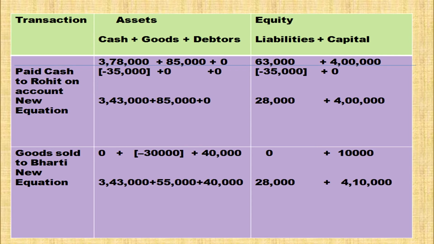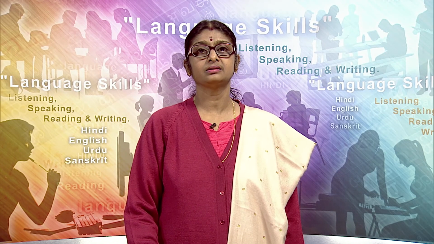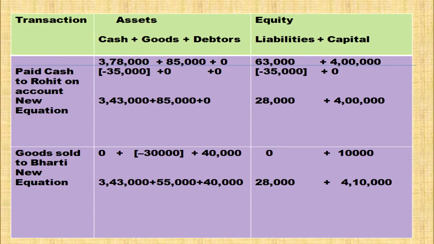Goods sold to Bharti. Cost price 30,000. So 30,000 is deducted in the goods column and it is sold on credit. Debtors increase, plus 40,000 in the debtors column. 40,000 minus 30,000, that is selling price minus cost price, will give 10,000. It is a profit. Selling price is more than the cost price. So add the profit to the capital.